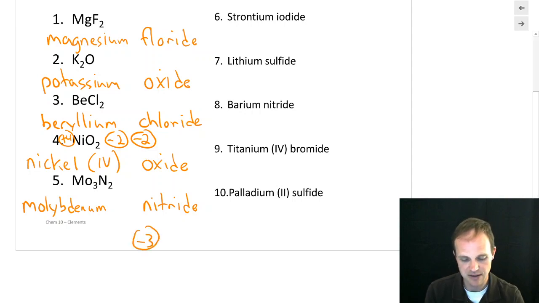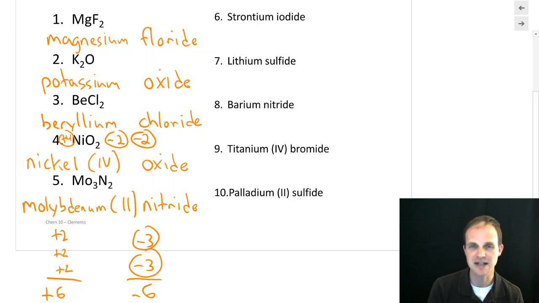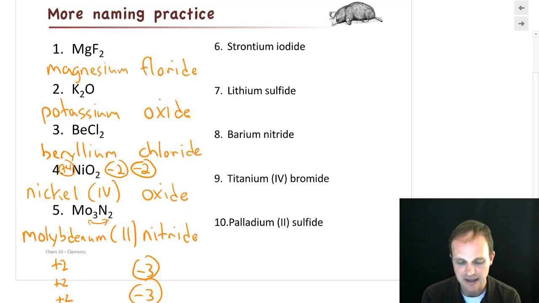Nitride we know is -3, which means there's a -6, which means we've got a +6 total for our molybdenum. We have 3 of them, and so each of them is going to be +2. And so we put a 2 there, and we say that's molybdenum(II) nitride. Or we can do the switch rule here. Remember, 2s and 3s, the switch rule works really well, and we know that that 2 becomes the charge on the molybdenum.